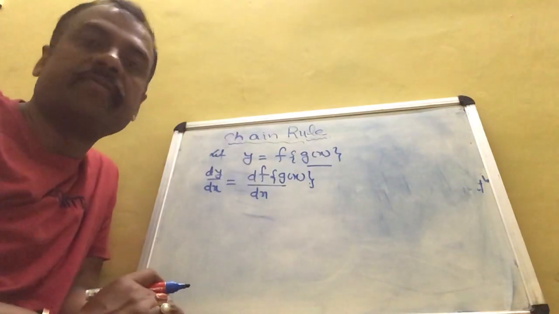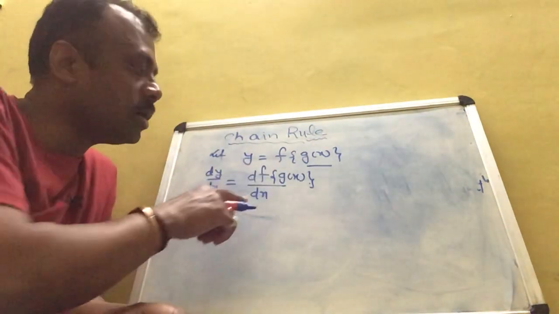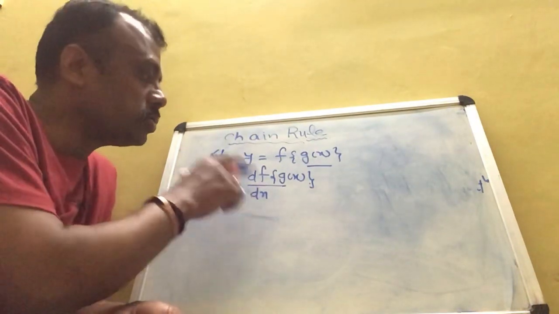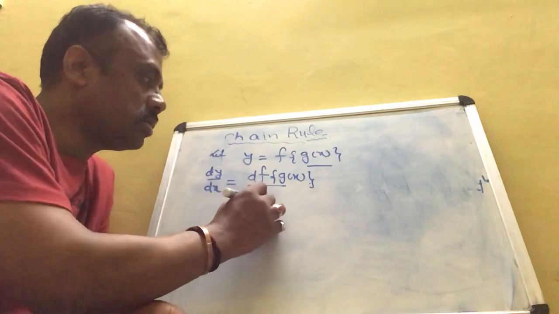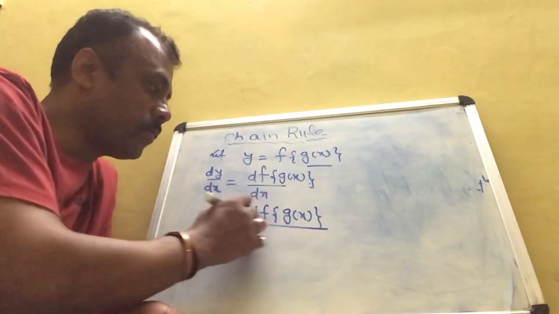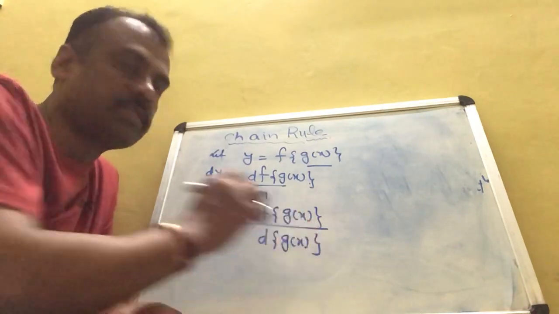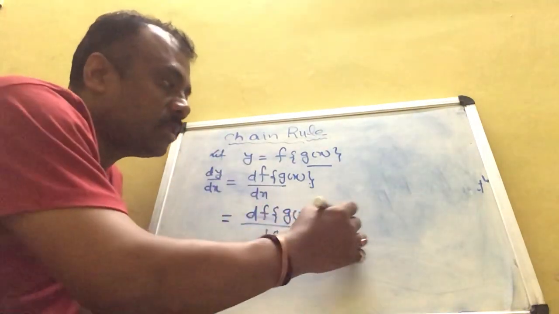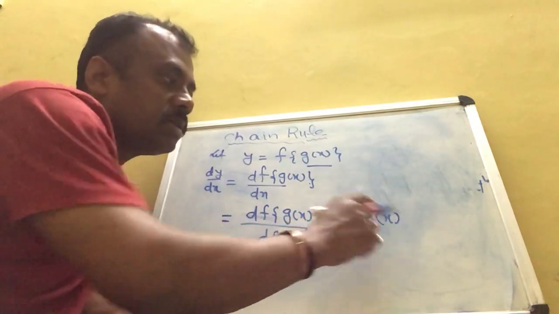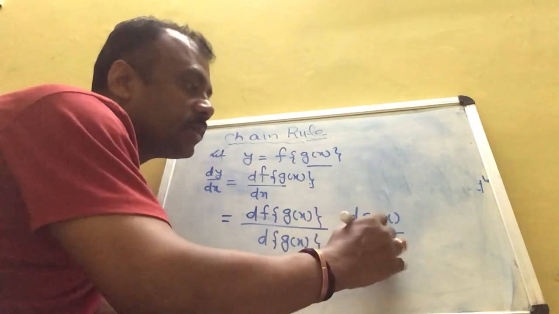We can differentiate function f with respect to g(x), but here it is given with respect to x, so let us change it with respect to g(x), and then the function g(x) is a function of x.